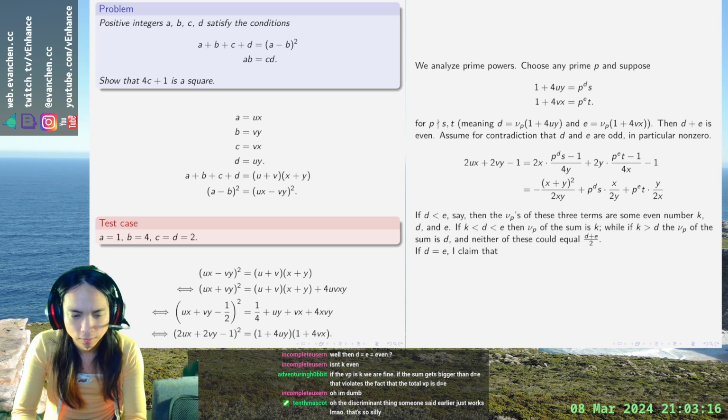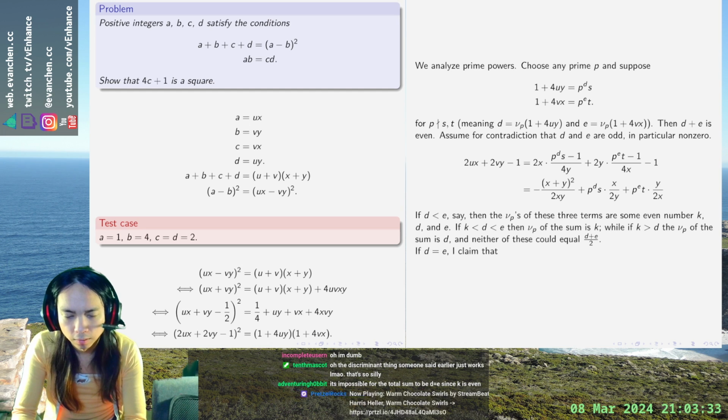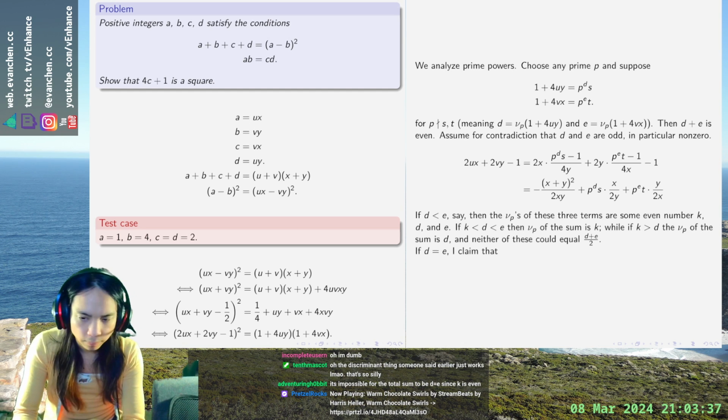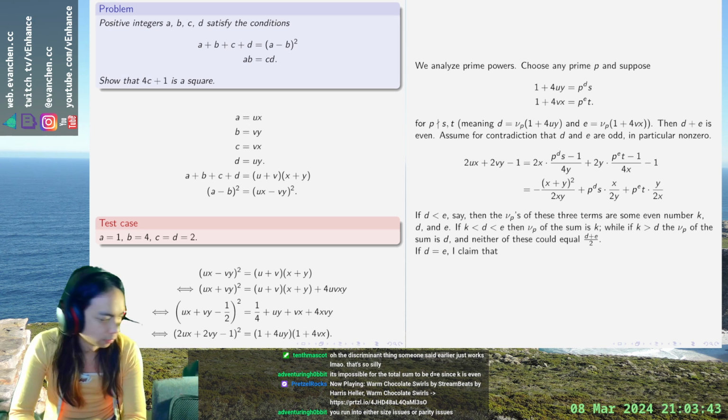It is impossible for the total sum to be D equals E since K is even. Why?